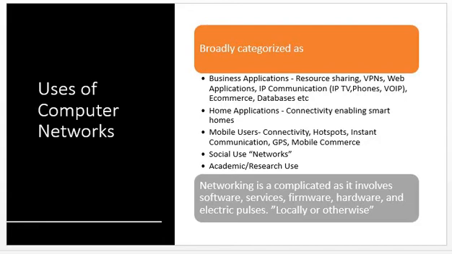In terms of business applications, we are talking about file sharing, IPTV, IP phones, e-commerce, electronic databases. These are resources or applications that are there to support the broader business operations using what? Computer networks.